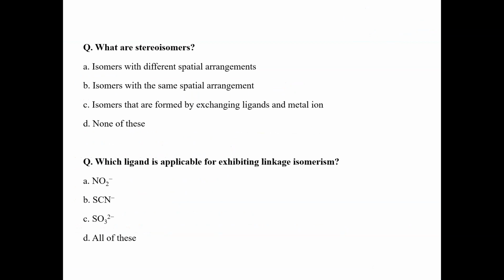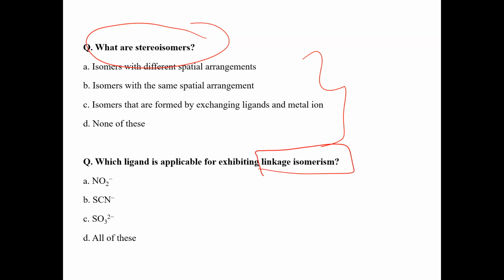First, you should be familiar with what stereoisomers are. Okay, you have to identify the right options among these four, and in the second one, which ligand is applicable for exhibiting linkage isomerism. Okay, so you already know what linkage isomerism is.